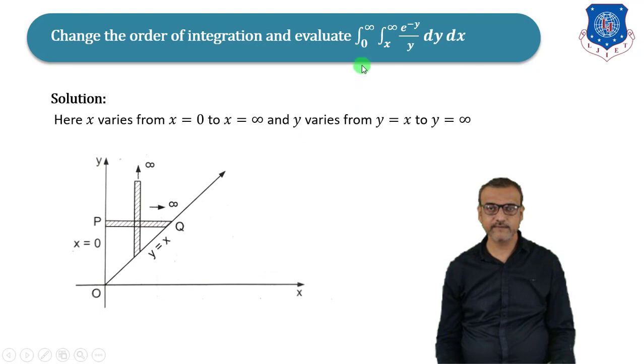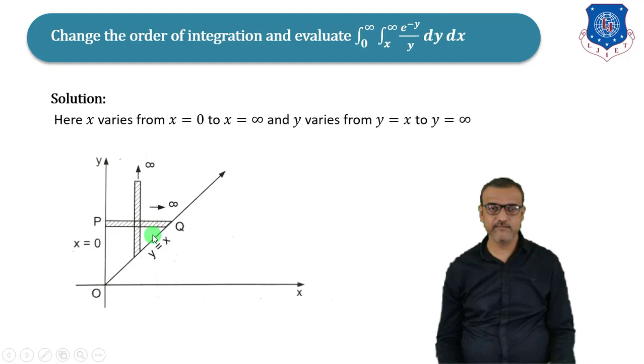The limit from 0 to infinity is the outer limit and is the limit of x, and x to infinity is the inner limit and is the limit of y. Now to change the order of integration, we require the outer limit of y and the inner limit of x. So first we will write down the outer limit of y from this graph, and then the inner limit of x from this graph.